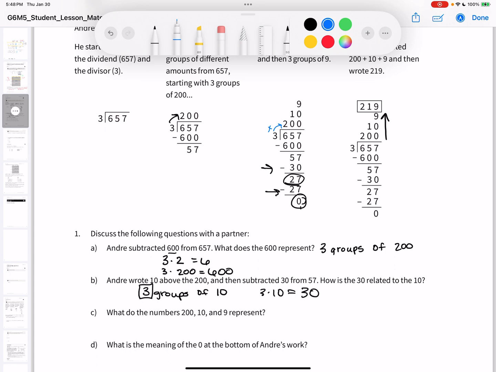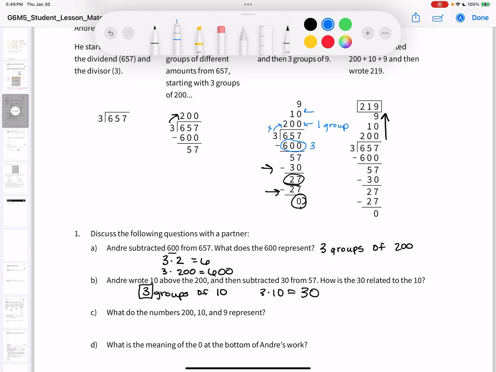So they represent 3 times 200, 3 times 10, and 3 times 9 to get us our partial products. They're how many go in one group. So 3 times 200 gets us 600, which is the hundreds divided into the 3 groups. The 200 is what's in one group.